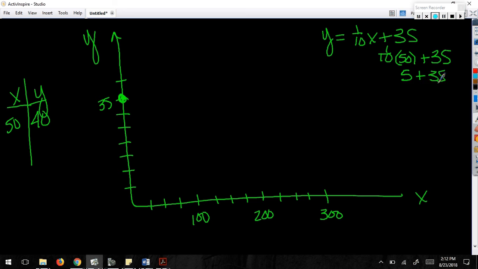Right? So at 50, it's $40. How about at 100? How much is your bill at 100 minutes? $45. And so this line is going to go up like this.